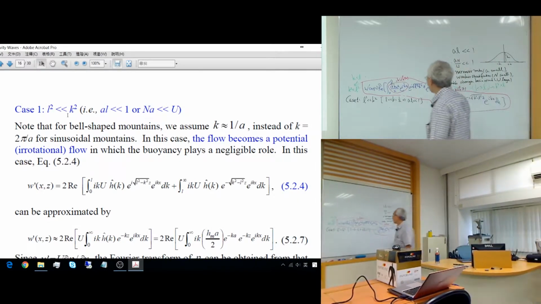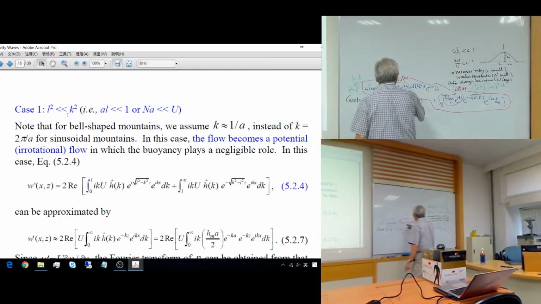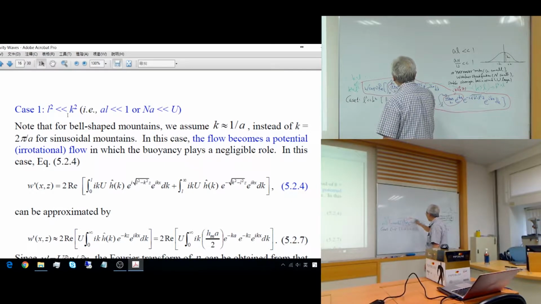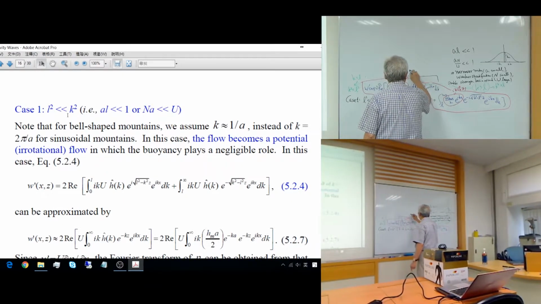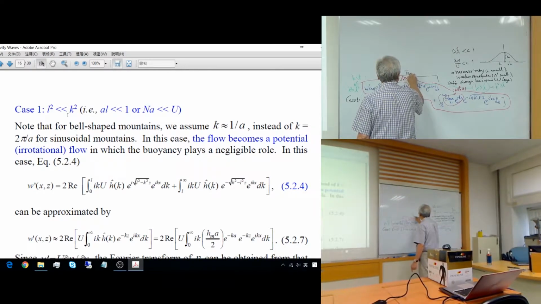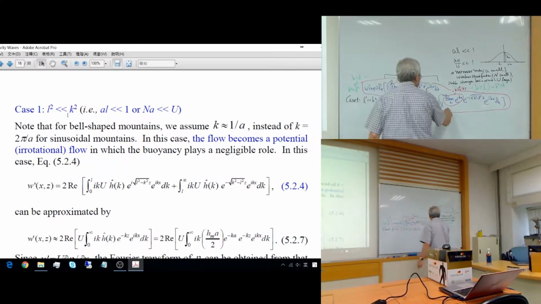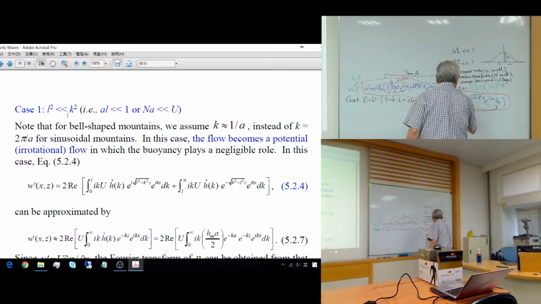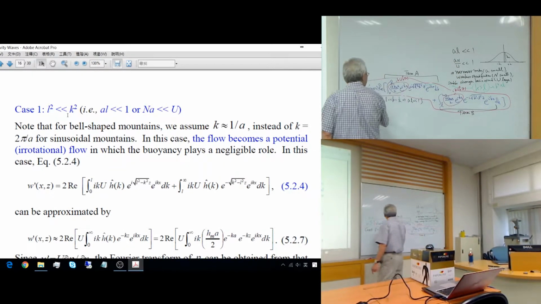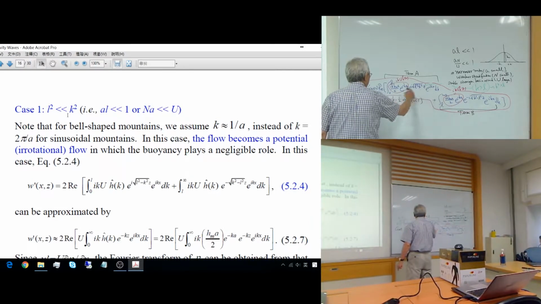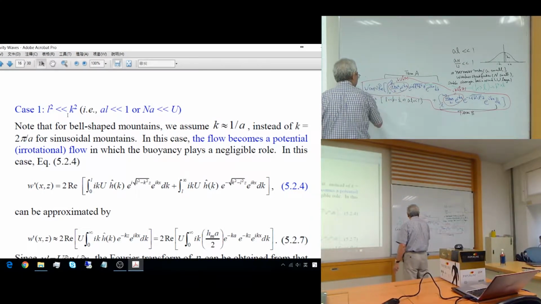So in that case, this term will become this part. Let's say this is term A and this is term B. In this case K must be less than L, so term A is approaching 0.